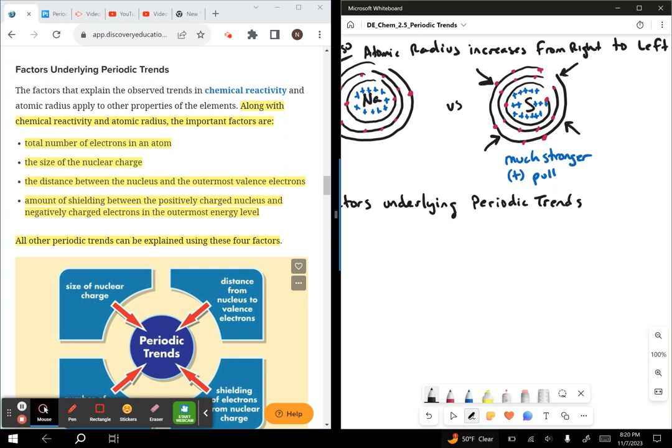The factors that explain the observed trends in chemical reactivity and atomic radius apply to other properties of the elements.